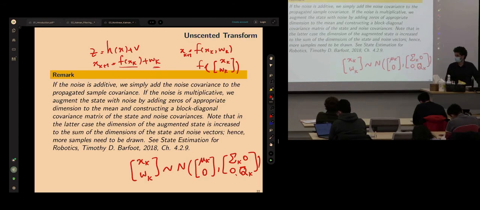So generate your sigma points using this augmented system. Then you send both the noise samples and state samples to the range and then calculate the sample mean and sample covariance. So that's the trick when the noise is multiplicative.